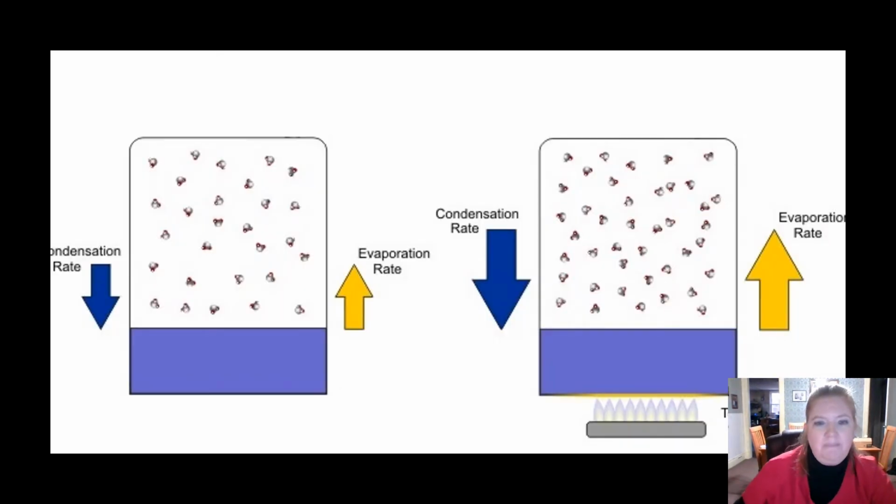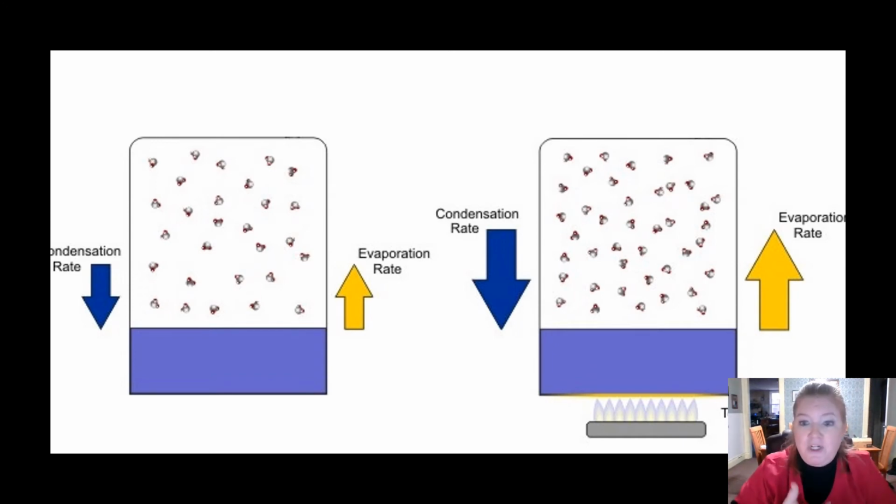So here's an example when we're talking about the liquid and gas phase. The rate of condensation is equal to the rate of evaporation. If I increase the temperature, so you can see this is a flame right here, the rates are still equal, it's just occurring faster.